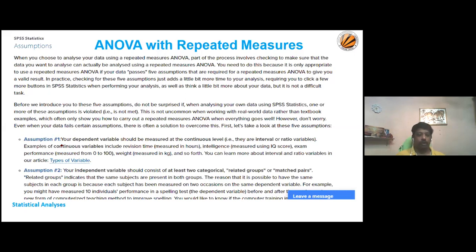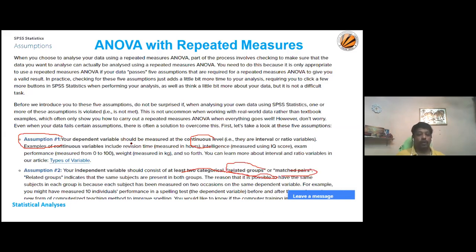Number one assumption: your dependent variable should be measured on a continuous or interval scale. The second assumption: your independent variable should consist of at least two subgroups or matched pairs, right?